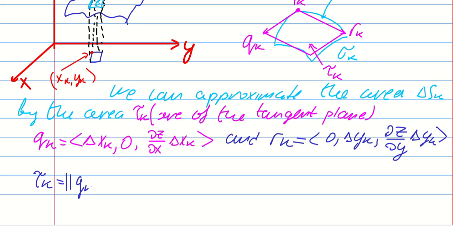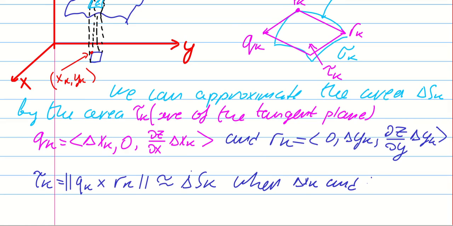So we have to calculate q sub k cross r sub k to get the area, and this will be approximately delta S sub k, approximately, when our change is small, when delta x sub k and delta y sub k are close to 0. So small step to the right.